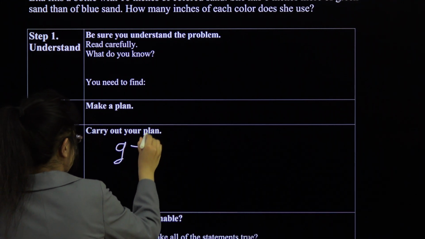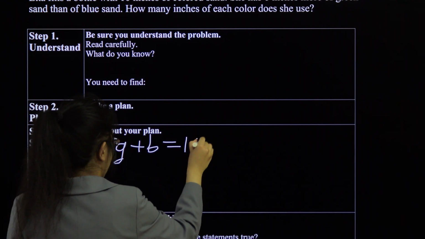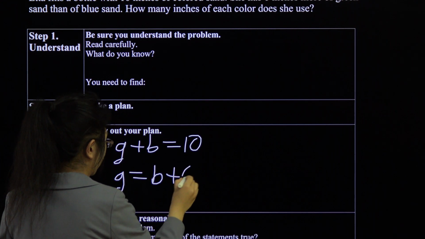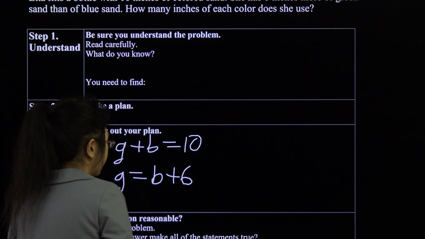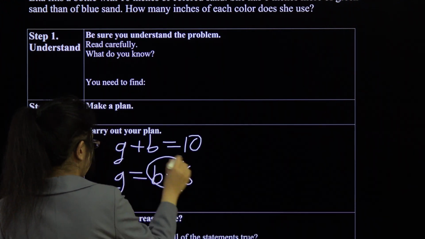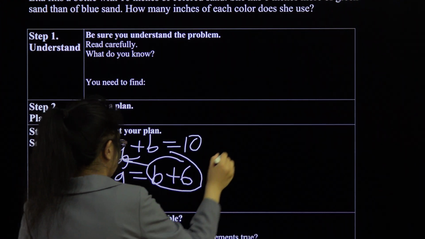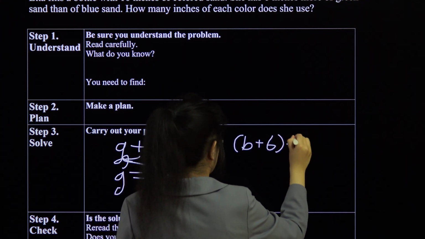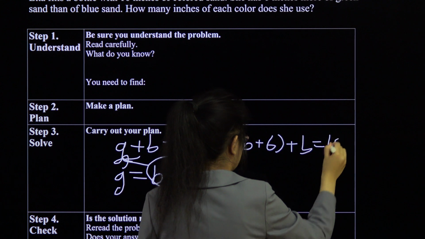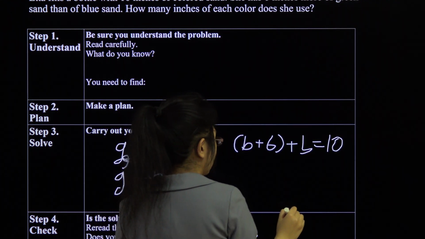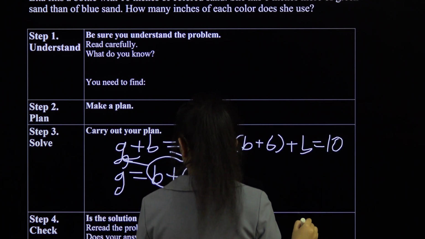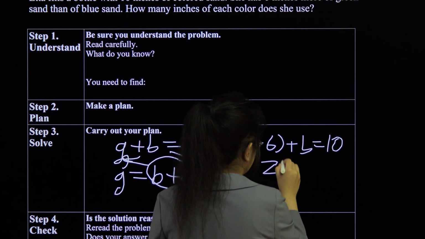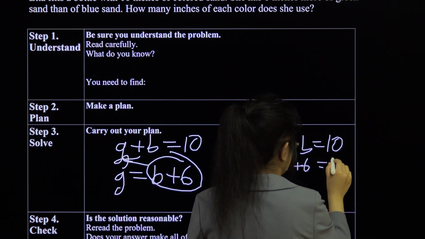G plus B, green plus blue, equals 10. Green equals blue plus 6, because there's 6 inches more. And then you substitute this in, and you end up with B plus 6 plus B equals 10, and then 2B plus 6 equals 10.